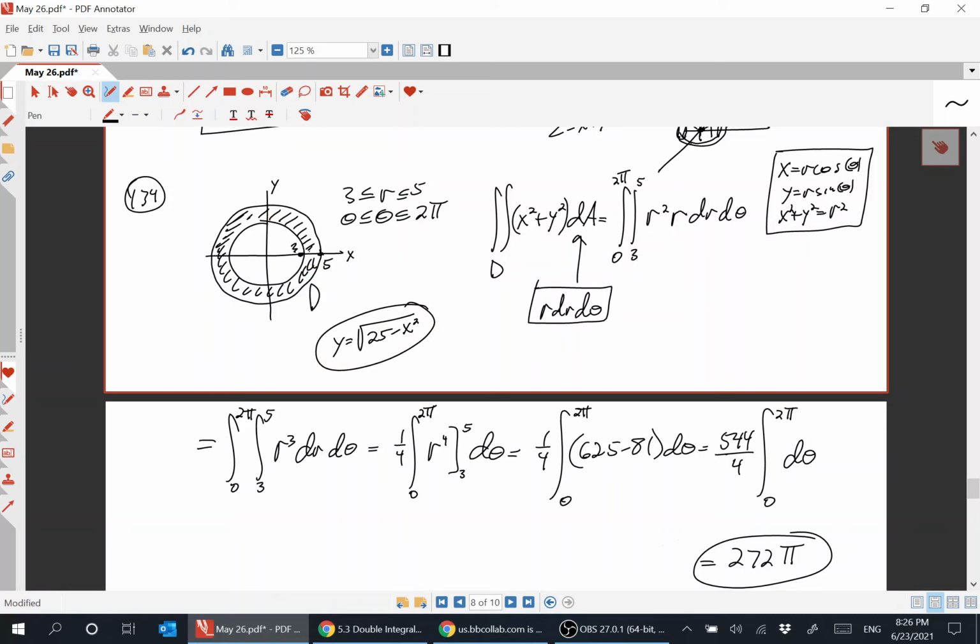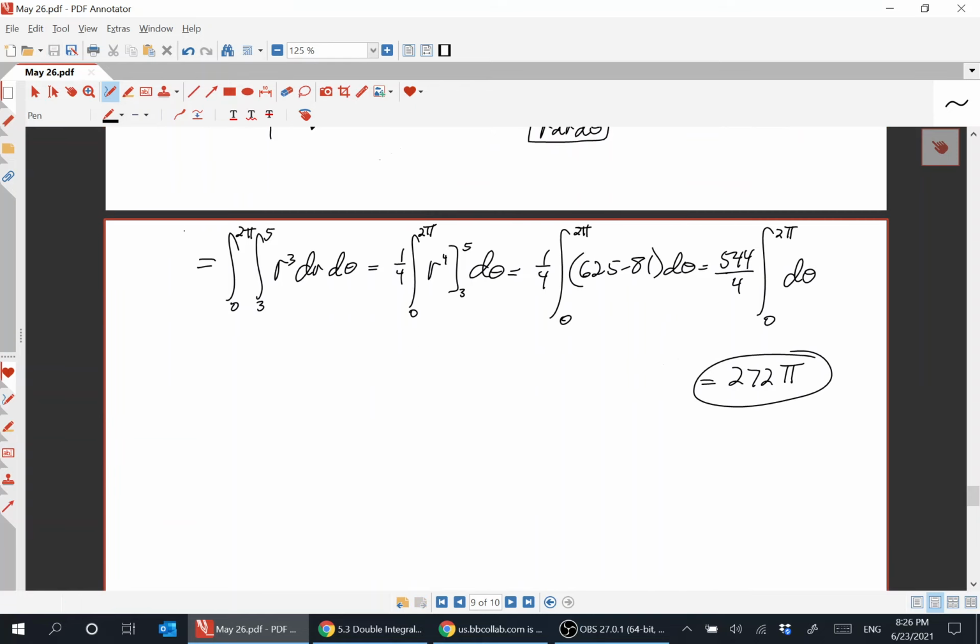This thing is all nice and symmetric about the x-axis and the y-axis, so you could just do the integral in the first quadrant and then multiply by 4. But that would be way more trouble than it's worth. All right. So 134, 138.